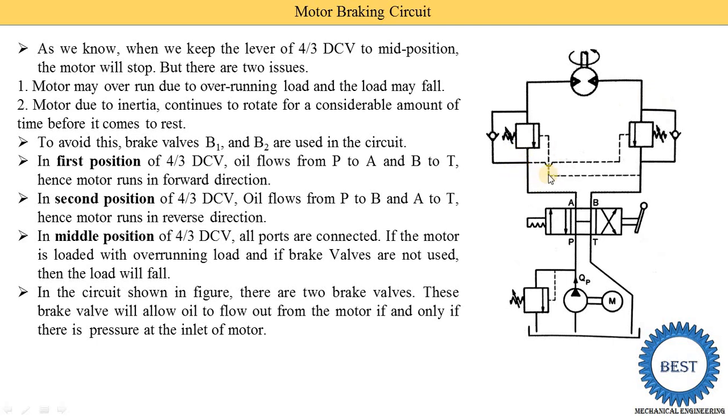But where no pressure is there, the valve is closed and the oil in this pipe does not return. In the same way here there is no pressure, so this brake valve is also closed, and oil does not move from this pipeline to the A port. That means the same pressure oil is on both sides of the hydraulic motor, so the shaft of the motor is locked and the load does not fall.